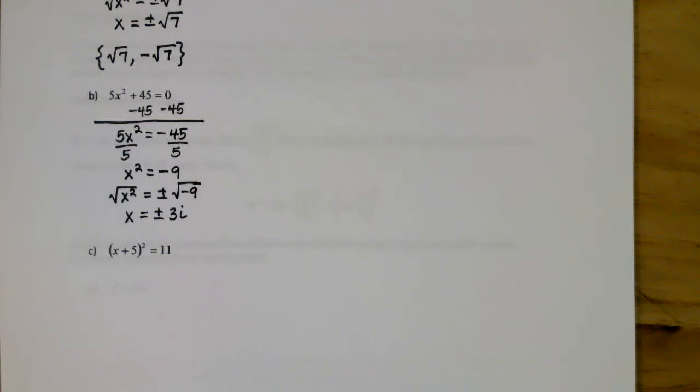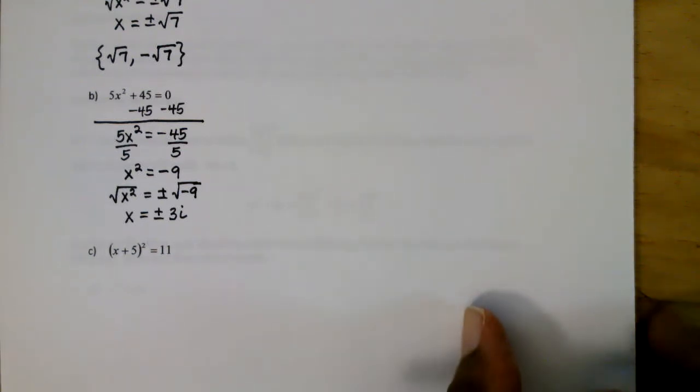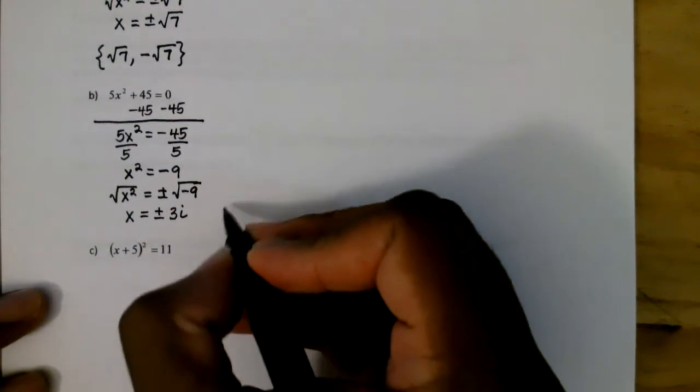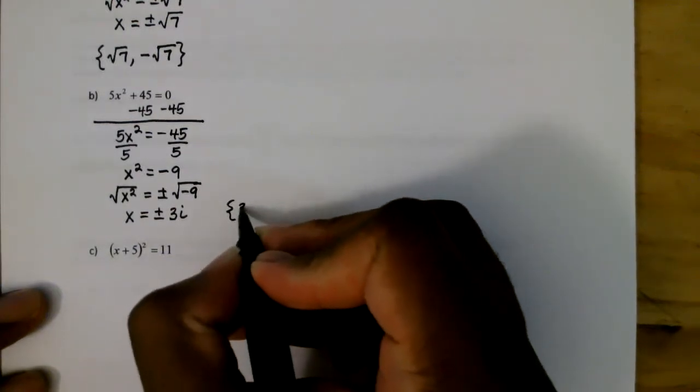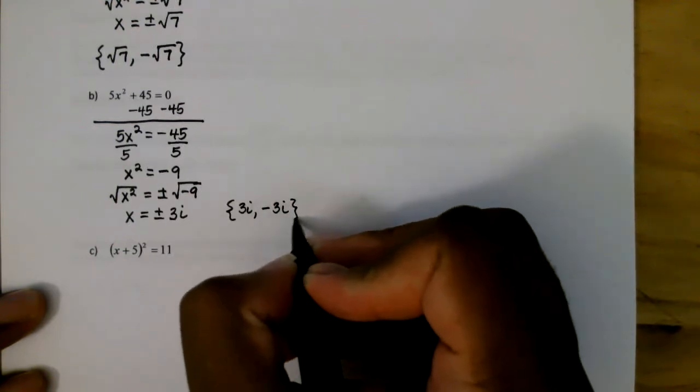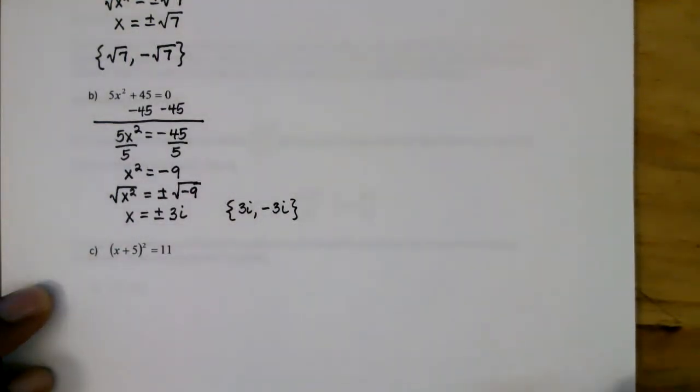You might have to watch the video for section 1.4 to understand the imaginary unit, i, because we did talk about that in that last video. So x will be equal to plus or minus 3i, but of course, at the end we write this as two different answers: 3i and negative 3i.